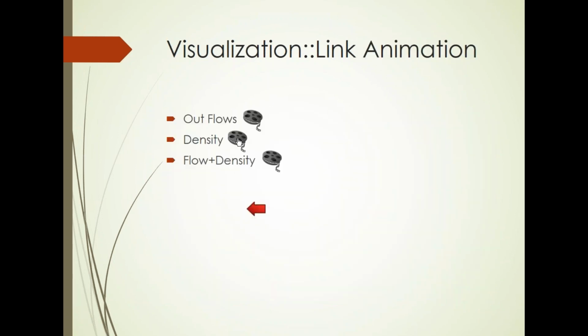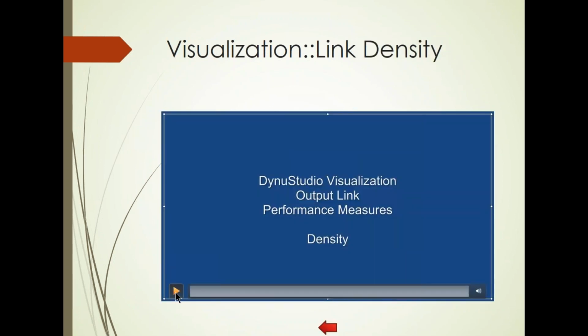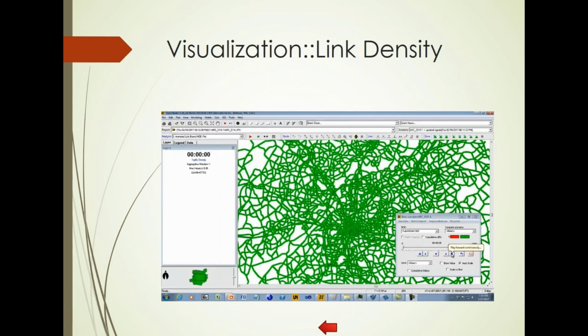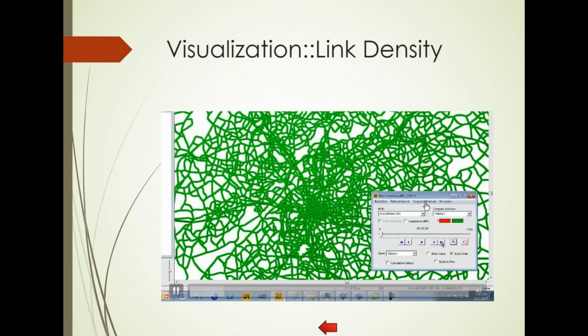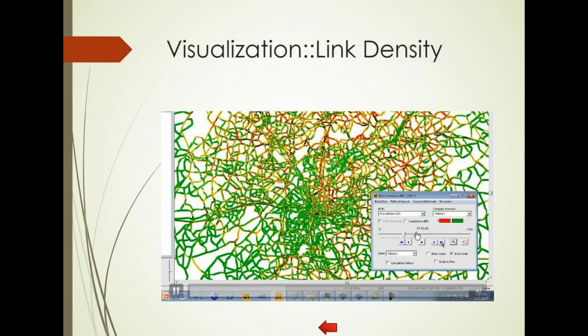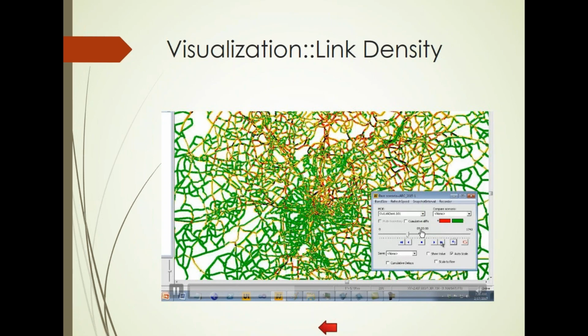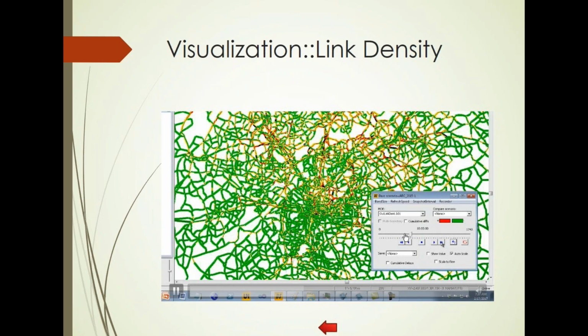Let's take a look at the density plot. Again, we use the same control to display density because density is one of the selections from the pull-down menu. Here the density is displayed in terms of different colors. The green color stands for free flow. Look at this clock. This is early in the morning. Now we are getting to 7, 8 o'clock into the morning peak hours.